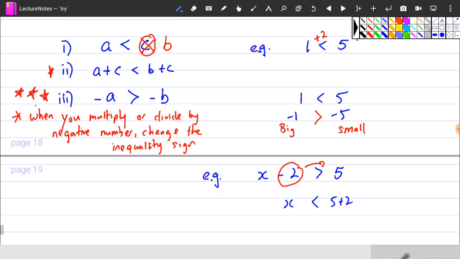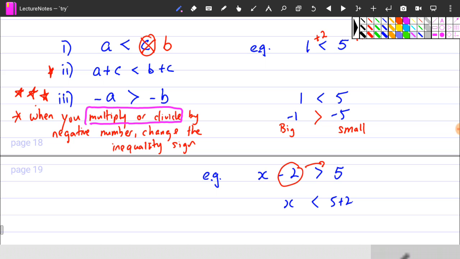In the exam, I'm not going to put in numbers every time. What is the keyword here that tells you that you cannot change the sign? It's negative number. What's the keyword in this paragraph? Multiply or divide. So the keyword is you only change when you multiply or divide.